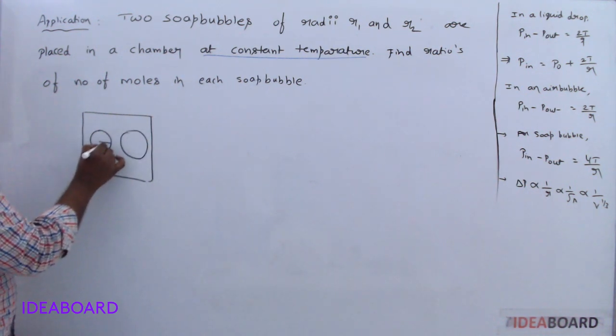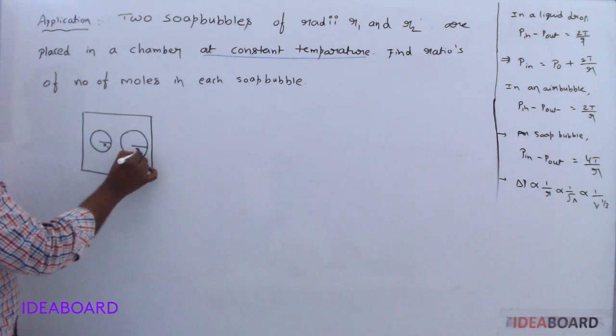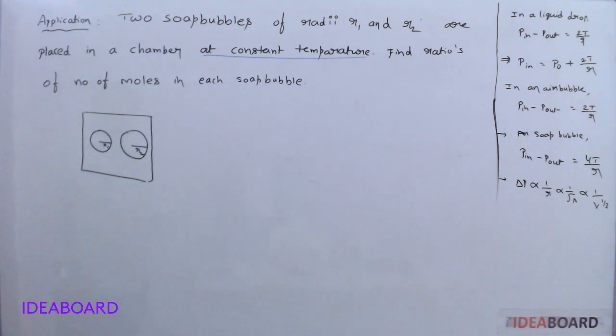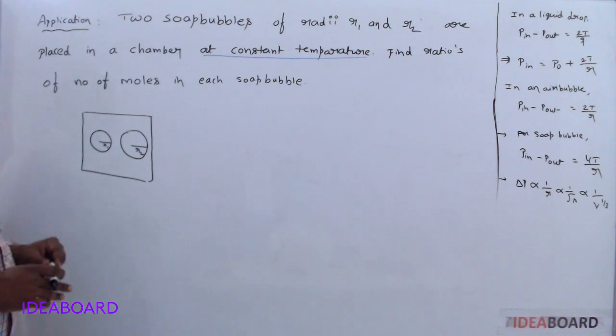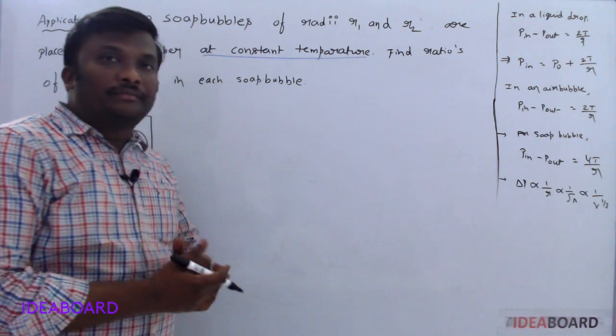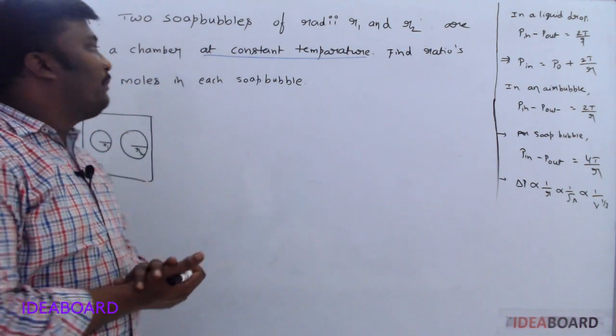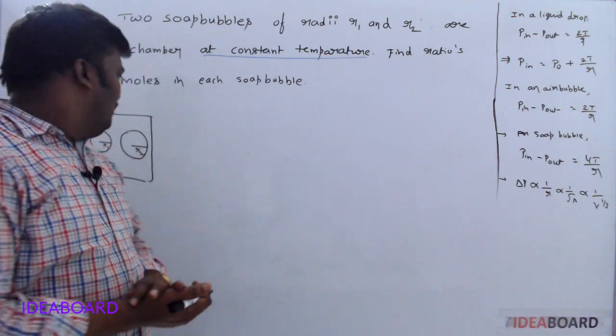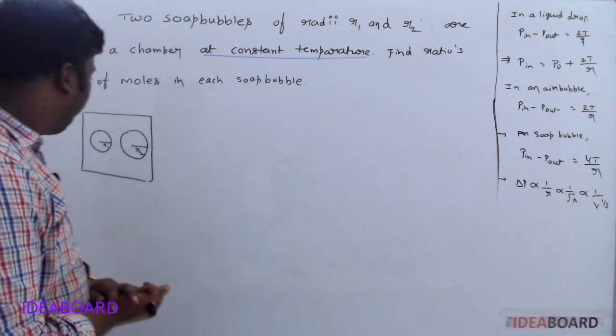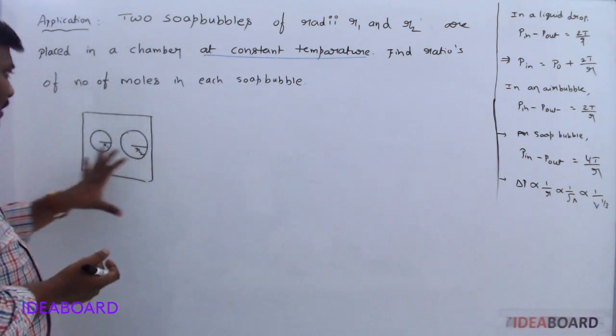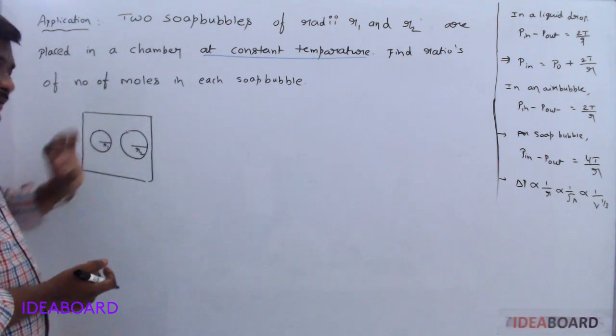One has the radius R1, another has the radius R2. Find the ratio of the number of moles in each soap bubble. It is a chamber consisting of some gas.